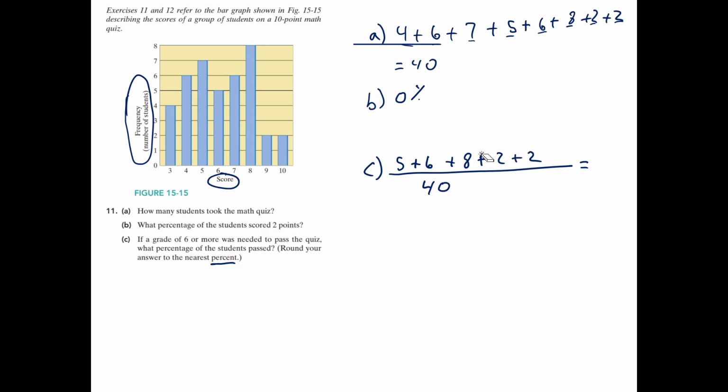And so then those two make 10, and then 15, 21, 23. So we had 23 out of 40 students pass. Divide that, 23 divided by 40, 57.5%. And we are good.